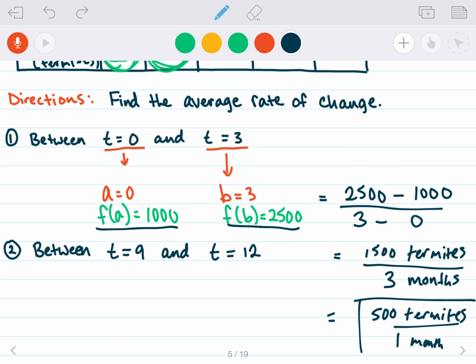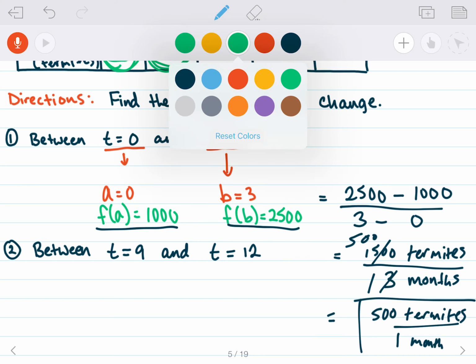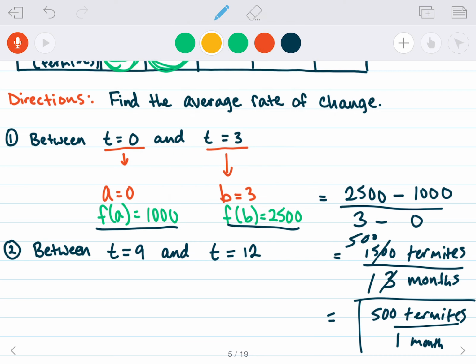So again, 1,500 divided by 3. 3 goes into itself once. 3 goes into 1,500 500 times. So 500 termites per month is the average rate of change between t equals 0 and t equals 3. So that's our answer here for number 1. So this is the average rate of change right here.